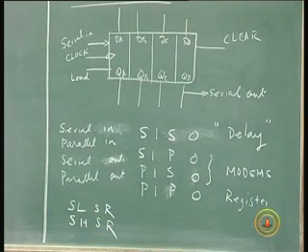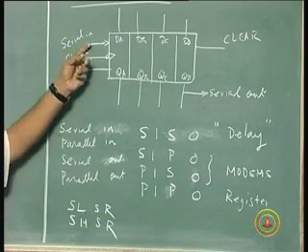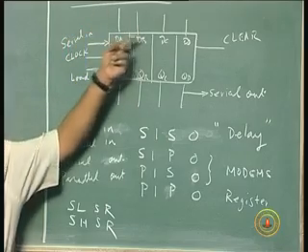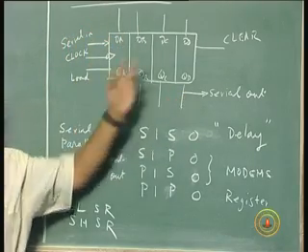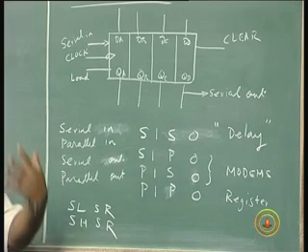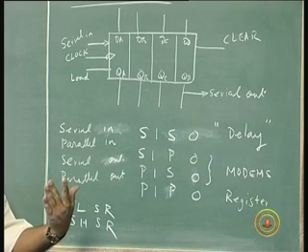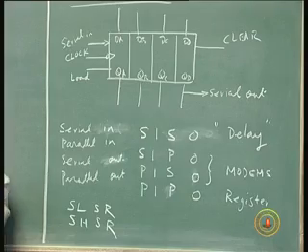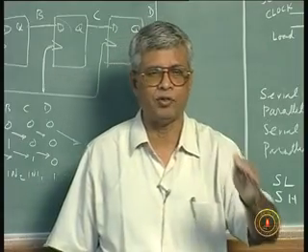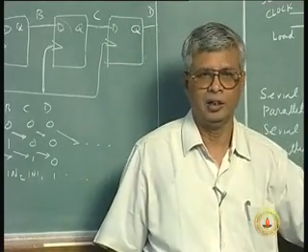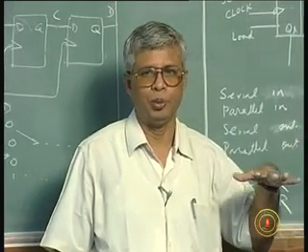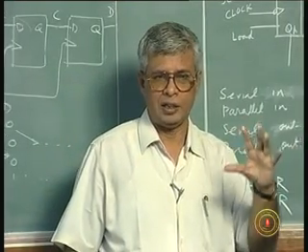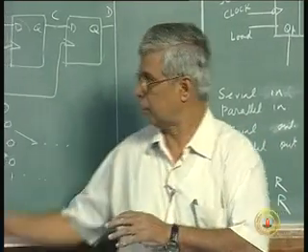So, a shift register can have serial data input, parallel data input, serial data output, parallel data output, it can shift left, it can shift right, and if all of them are given in one, you can buy an appropriate shift register. I can buy a shift left 4-bit shift register with serial input and serial output, or you can have a register where you do not need shifting, that is a register.